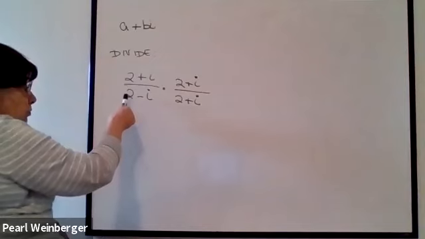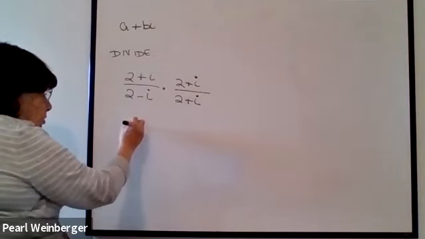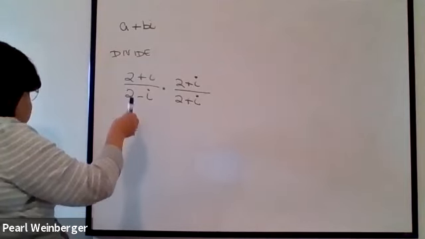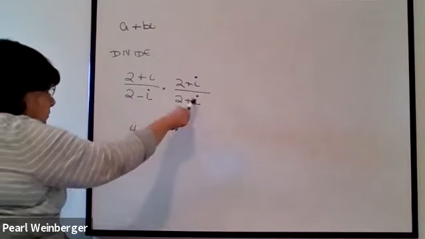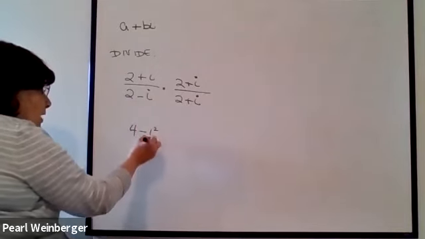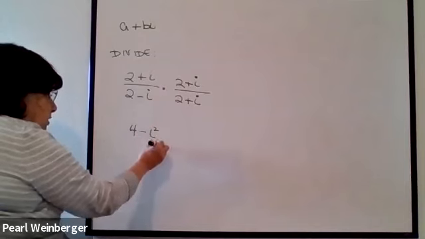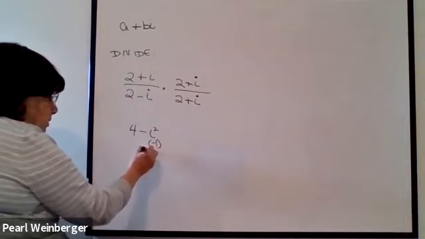Doing the denominators first, we do 2 times 2, which is 4. And these are conjugates, so I don't have to do outer and inner. I just do negative i times positive i, which is negative i squared. Again, this negative i squared is negative 1, so this becomes negative 1, which is plus 1.